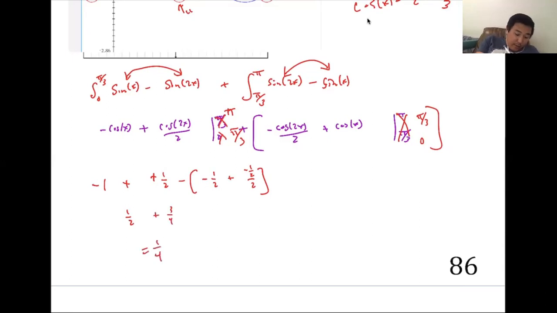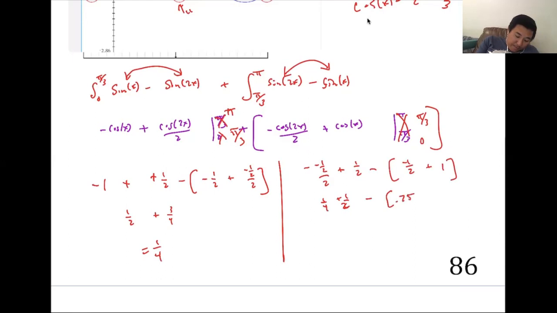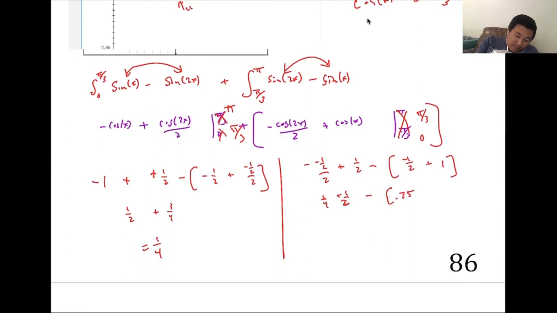And then this one over here is negative 1/2 over 2 plus 1/2 minus this one zeros negative 1/2 plus 1, which is 1/4 plus 1/2 minus 0.75 plus 0.75.